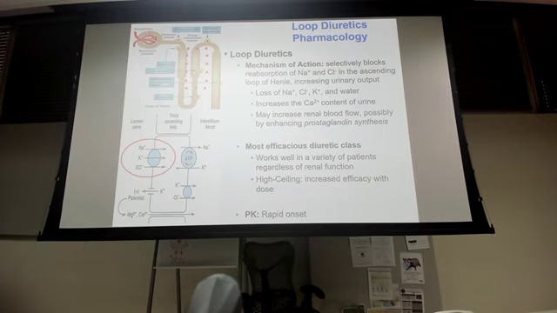They block the sodium, potassium, and 2-chloride co-transporter in the thick ascending loop. So if you understand what's happening at different parts of the nephron, now we're going to block that. Whatever was happening there before, it ain't happening now, right? So if potassium was being reabsorbed there, and we're blocking it, is it going to be reabsorbed there anymore? No. And then the opposite is true, right?